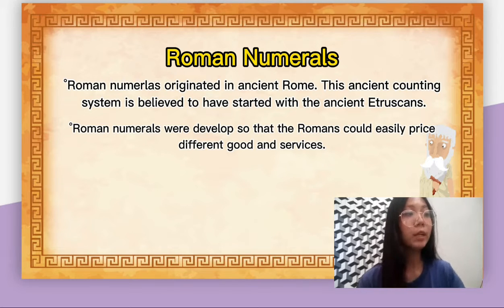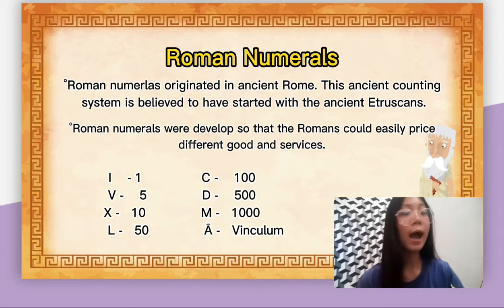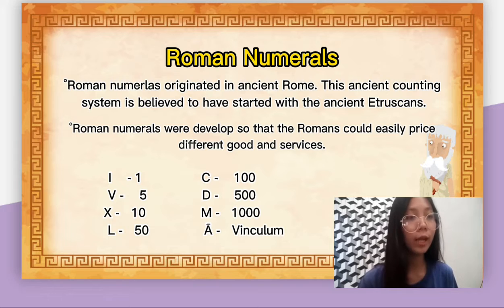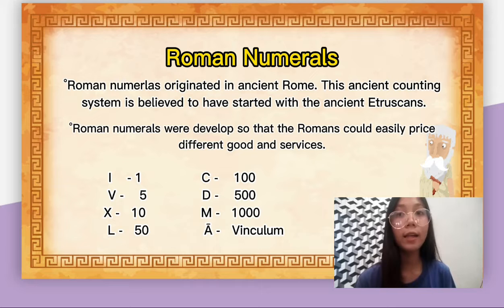So Roman numerals have a combination of 7 letters, where I is equal to 1, V is equal to 5, X is equal to 10, L is equal to 50, C is equal to 100, D is equal to 500, M is equal to 1000, and a letter with a line at the top is what we call the vinculum.